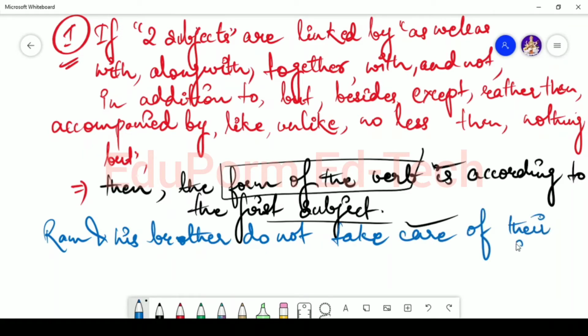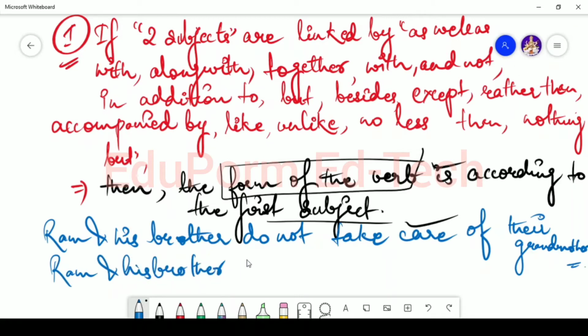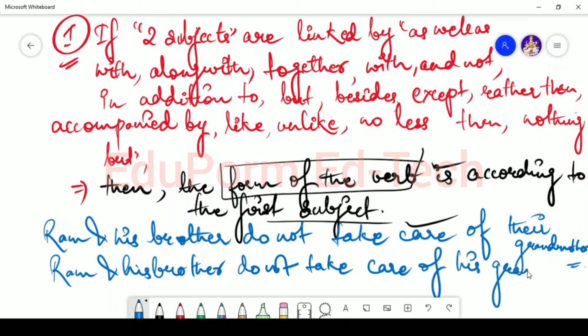This is the first instinct which would come to your mind, whenever you have to specify any sentence like this. But what is the correct form? The correct form will be Ram and his brother do not take care of his grandmother.